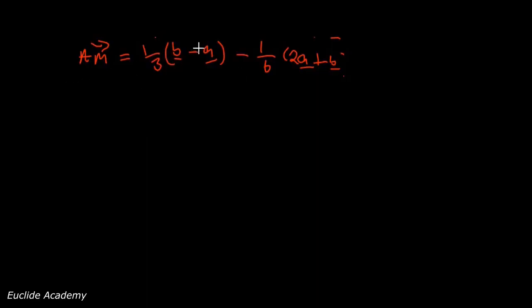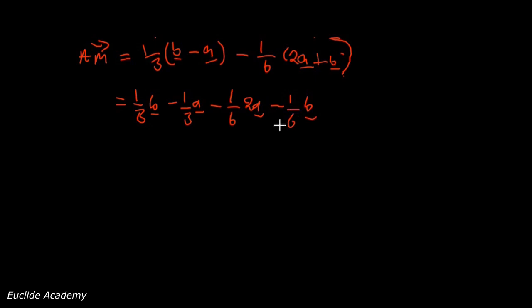So this is going to be 1 over 3 b minus 1 over 3 a minus 1 over 6 times 2a, minus, not plus, because remember we have the negative 1 over 6 times b, which is negative 1 over 6 b, or if you want you can say negative b over 6, whichever way is comfortable for you.